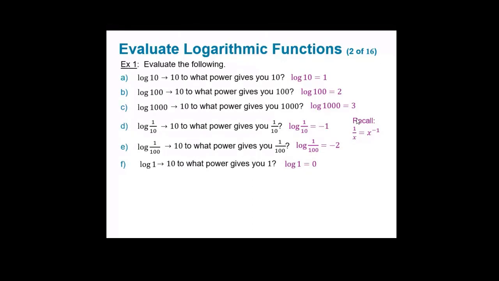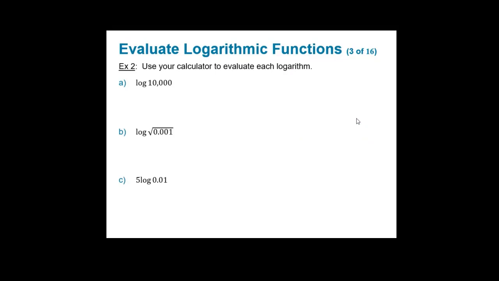We don't even have to do these calculations ever by hand. We're going to use our calculator. But I did want you to do a few by hand because I wanted you to understand the concept. And I think that to understand the concept, you really have to go through the process on a few. Okay, so now let's use our calculators to evaluate each logarithm.